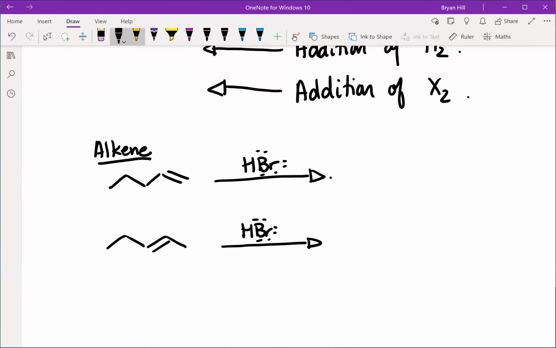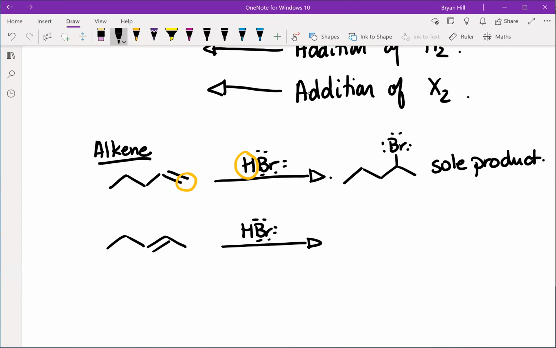So the carbon with the most number of protons is going to get the H. So in the top case, we would have this as our product, right? This would be the sole product, because the carbon in yellow has more protons, so the rich get richer.